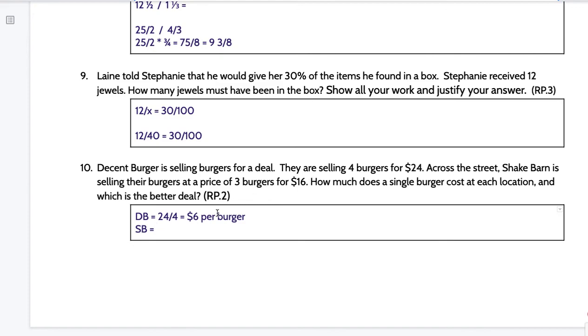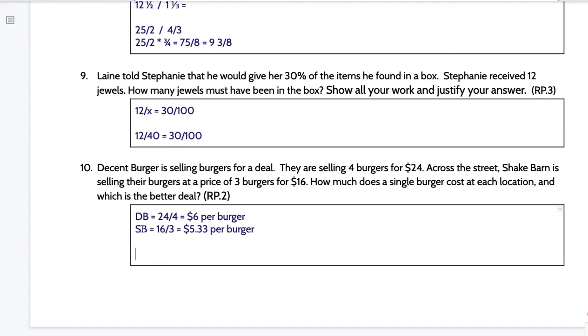Shake Barn is 3 burgers for 16, so that would be $16 divided by 3. How much is each burger? 16 divided by 3 is 5.3333, or 5 1/3 dollars per burger. Since it's money, you could just say 5.33 because you can only have cents. So Shake Barn has cheaper burgers.